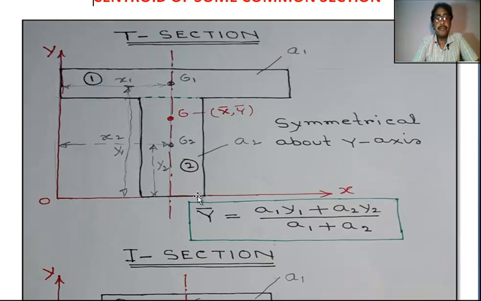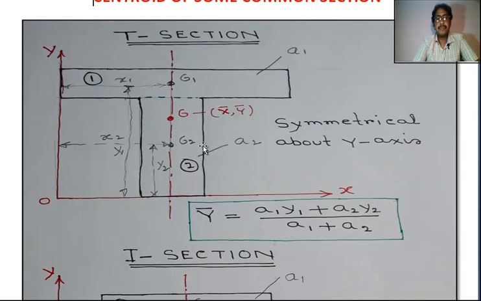Area of the web is A2. First, we draw the x-axis and y-axis.